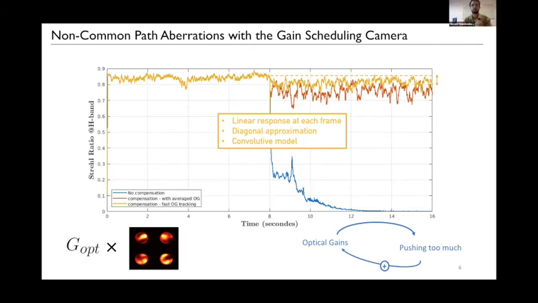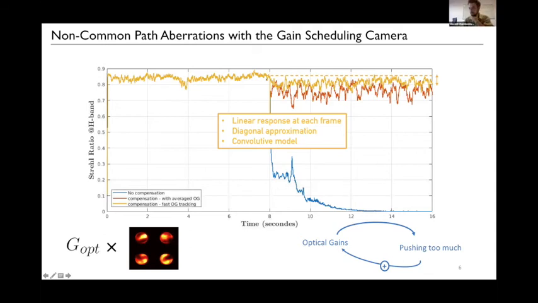So this is the first approximation. The other one is that we use the diagonal approximation. And then for us, we also have this convolutive model, which also makes some approximation that make the difference between these two parts of the plot.